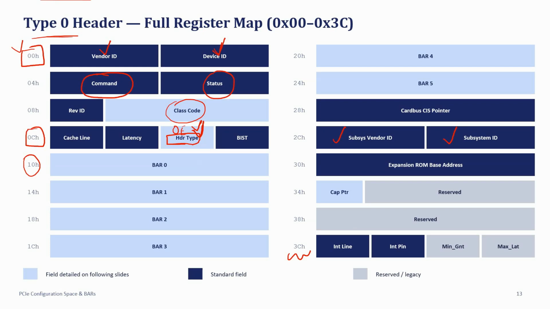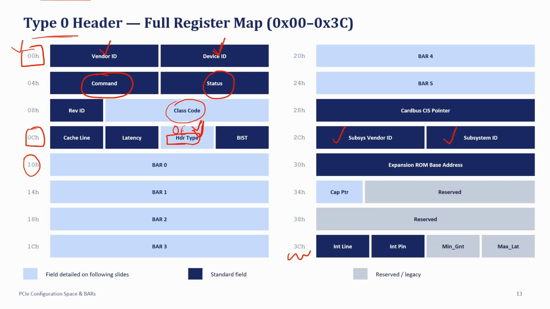The main motive of this session is to understand what exactly is present in the configuration space, and what the different fields are in the type 0 header and type 1 header. These are the different fields which we have in the type 0 header.